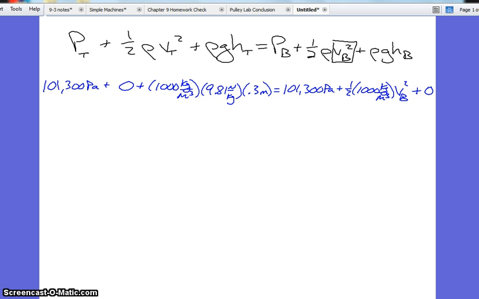So we solve for the speed at the bottom. Remember that this is, again, squared, so we eventually have to take the square root. And we get the speed at the bottom to be 2.43. We kept everything in the proper units, so we have meters per second.